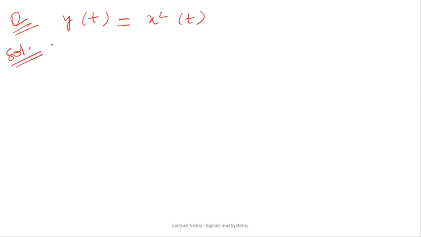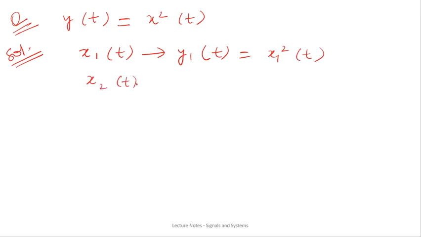So you start in the same way, consider two different inputs x1(t) and x2(t). Corresponding to x1 the output will be y1(t), which is equal to x1 square(t). Similarly for x2(t) the output is y2(t), and it can be written as x2 square(t).